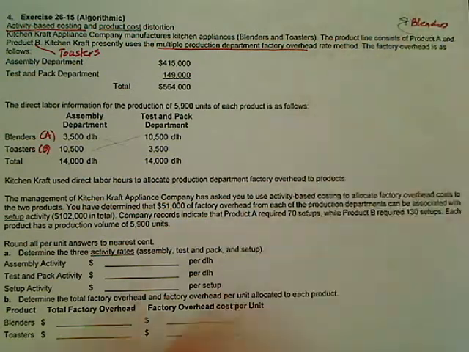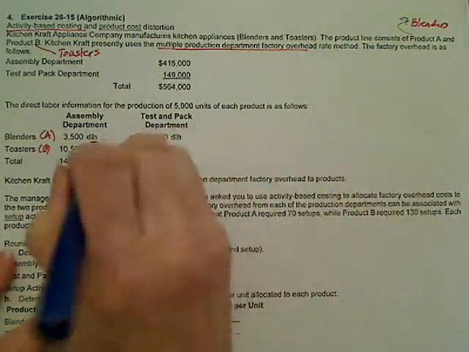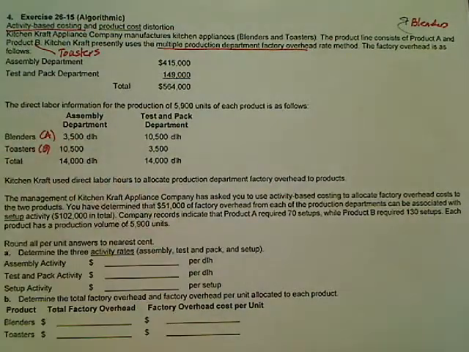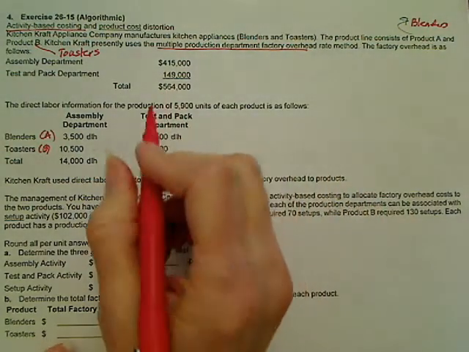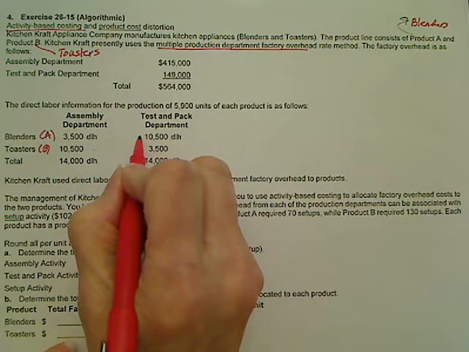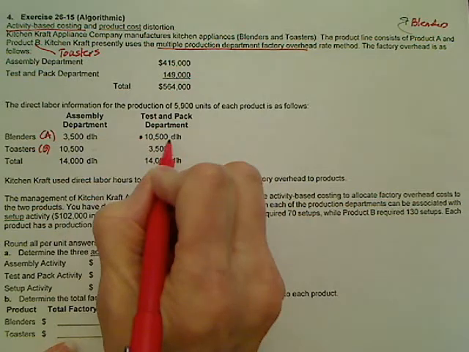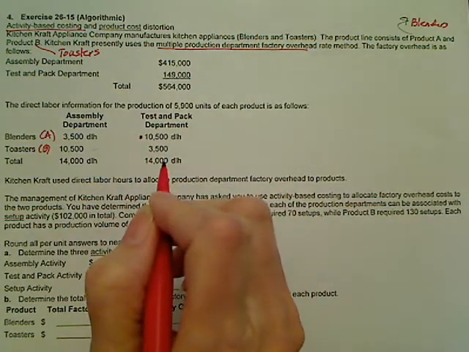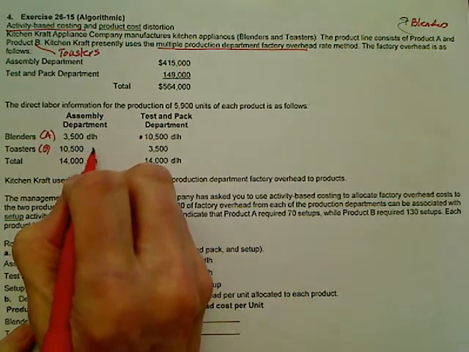So this means that you're going to have different ratios of usage. In other words, one department is the heavy user, provider of direct labor, for one of the products, and the other one is for the other. Let's see which one's heavy. Obviously, if the testing and packing department provides more of the direct labor hours, it's heavier, and the assembly is heavier in the toasters.